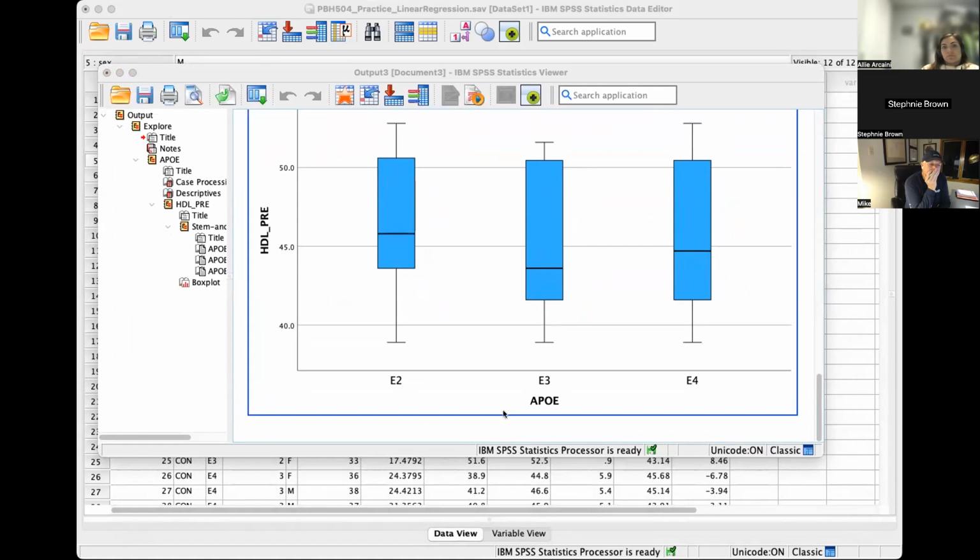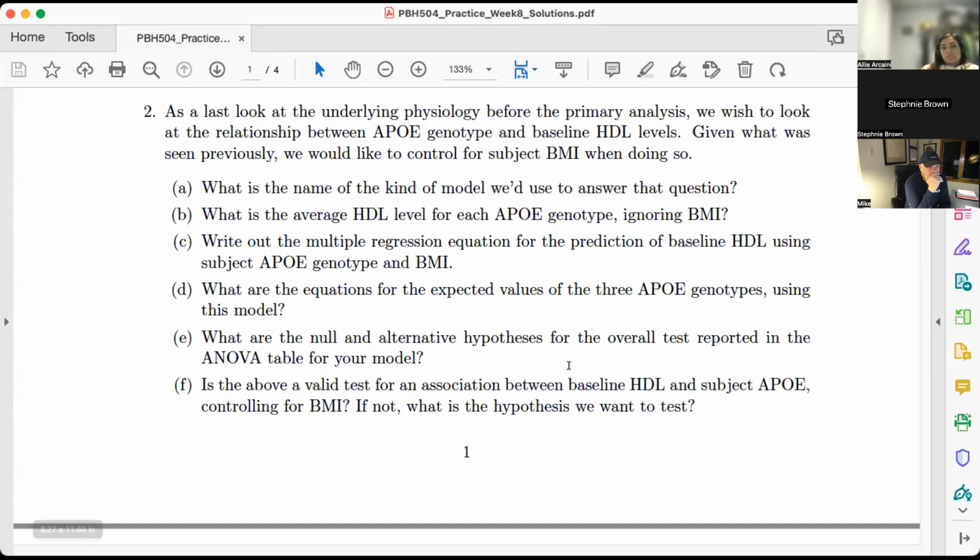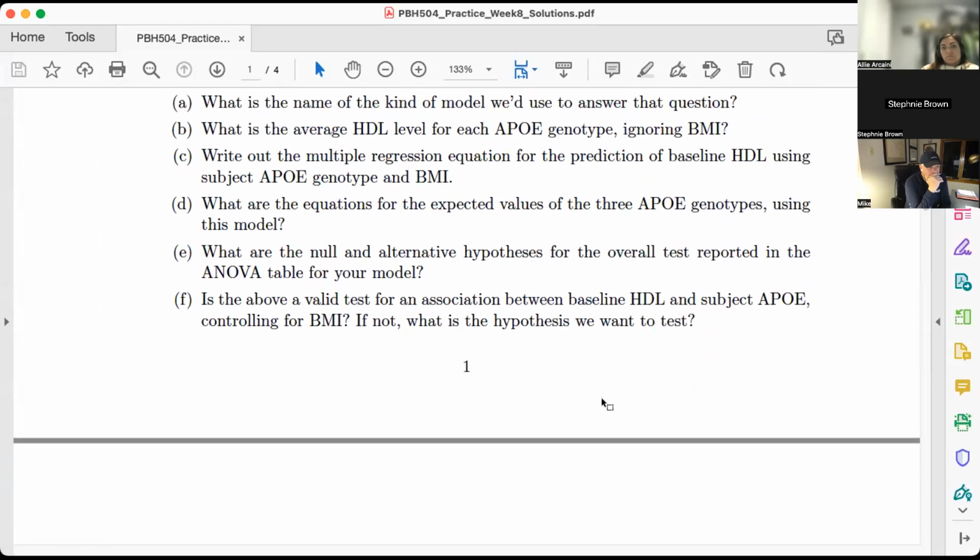Let's work first just with this model. In fact, if you're following along, the document on Canvas, you can peek at the answers, but let's entertain this for a minute. So, write out the multiple regression equation.